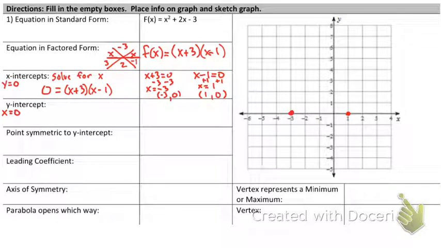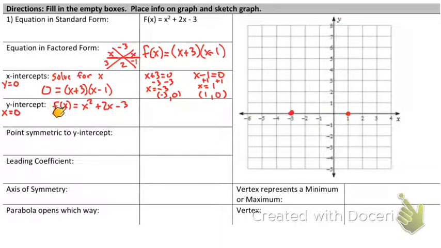So we're going to take our standard form. So f of x equals x squared plus 2x minus 3, with the idea that, remember, f of x really just means y.